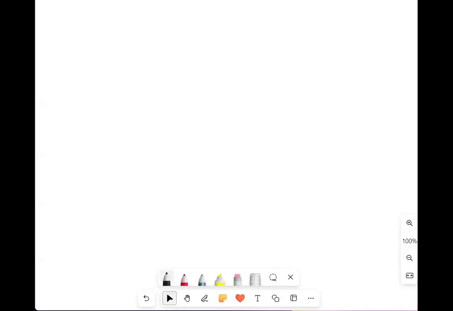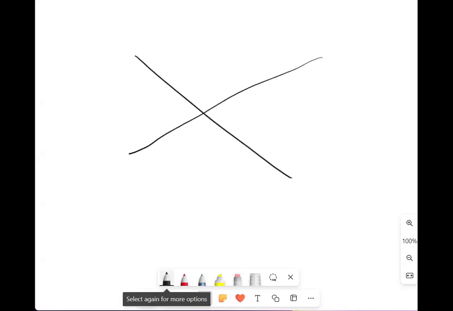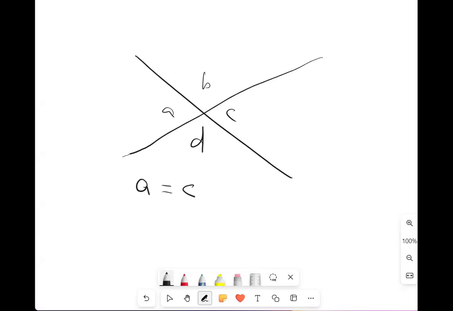And then sometimes you might have lines like this. Two lines intersect, and you have an angle here. Let's say this one is A, this one is B, this one is C, this one is D, right? So when two lines intersect like that, you will find that A is equal to C and B is equal to D, right?